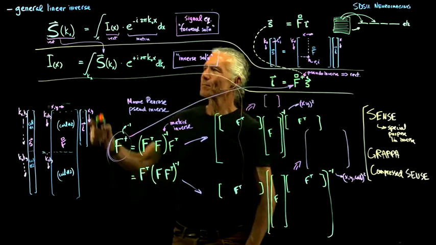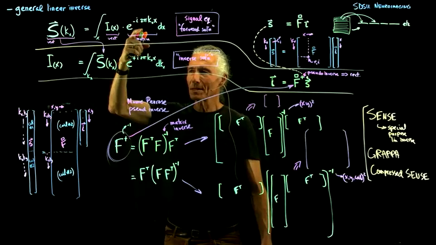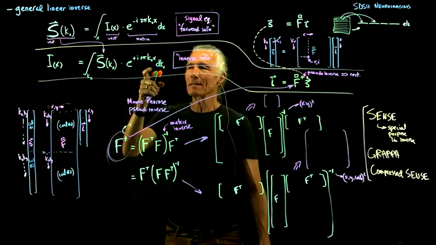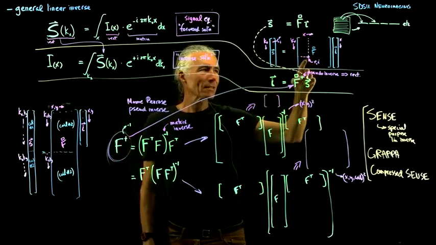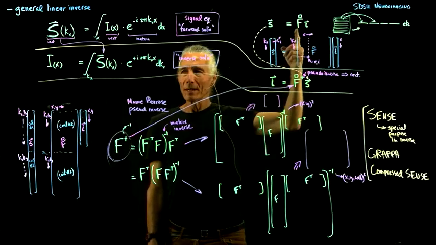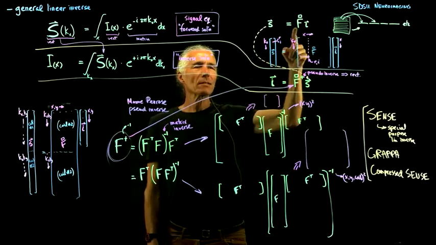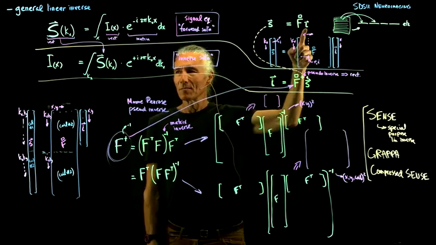So what we did was this: this is our standard Fourier transform that the magnet does, and the inverse Fourier transform that the reconstruction does. We can view this as basically just a simple matrix multiplication. A signal vector equals a matrix of Fourier coefficients operating on the image vector.